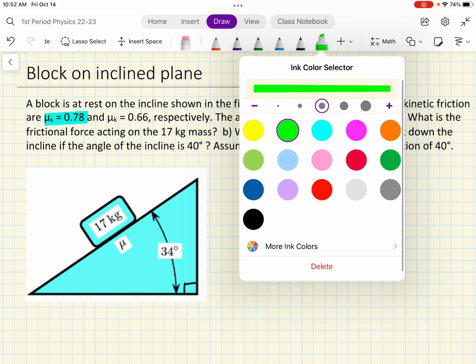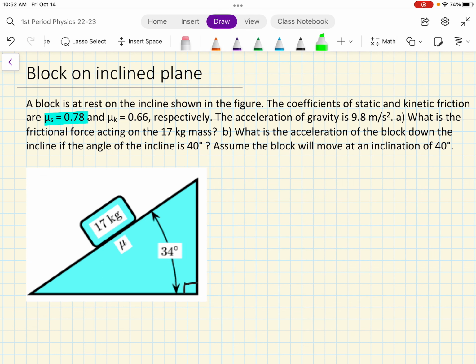Then I'll use green for B. Now we have kinetic friction because it's going to be sliding down the incline. I'll use yellow to highlight the information that is going to help us for both questions. We have acceleration of gravity, 9.8 meters per second squared, and then we have a 17 kilogram mass.